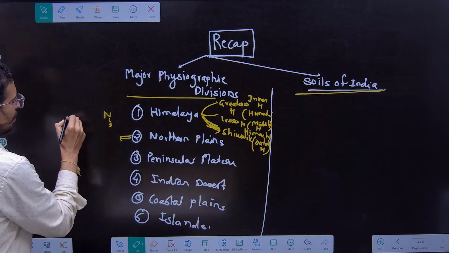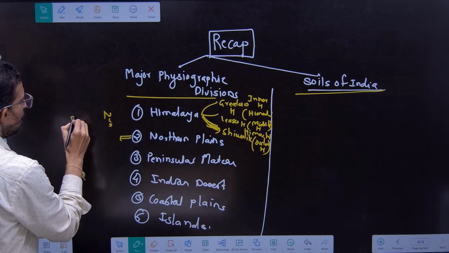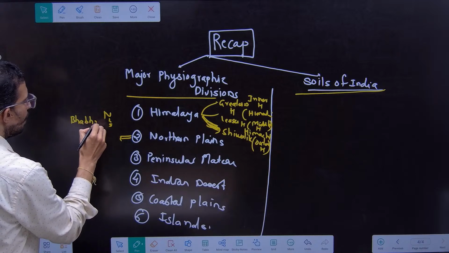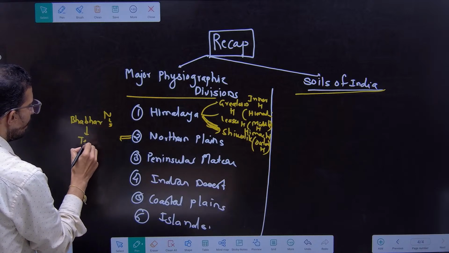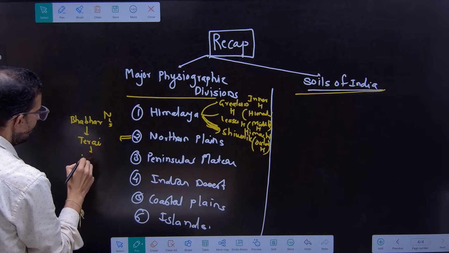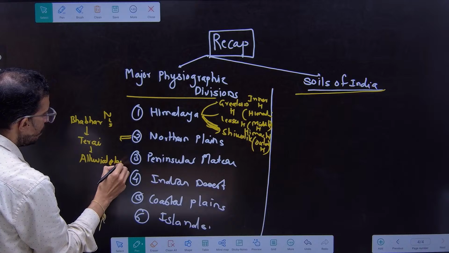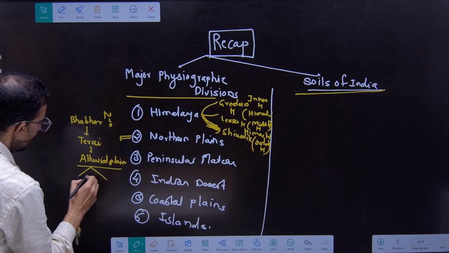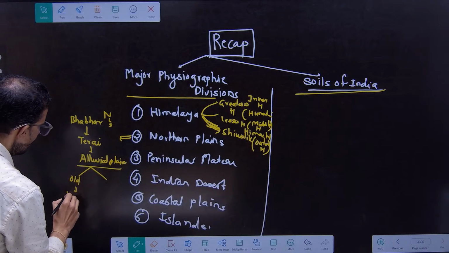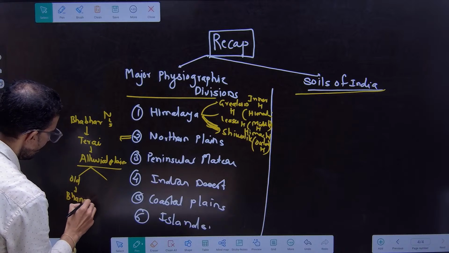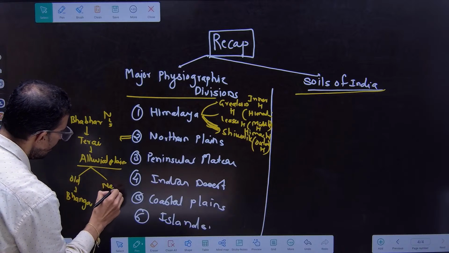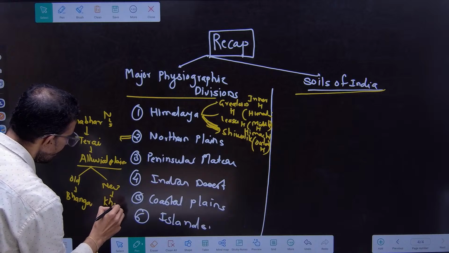In northern plains, we have studied the northern to southern zonation. Which is it? The first one is the Bhabar region, followed by the Tarai region, and then the alluvial plains. In alluvial plains, the old one is known as the Bhangar and the new one is known as the Khadar.